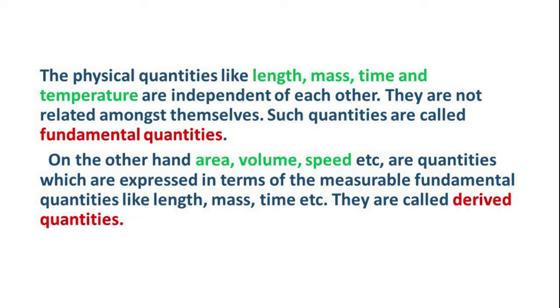They are not related among themselves. Such quantities are called fundamental quantities. Area, volume, speed, etc. are the quantities which are expressed in terms of measurable fundamental quantities like length, mass, time, etc. They are called derived quantities.